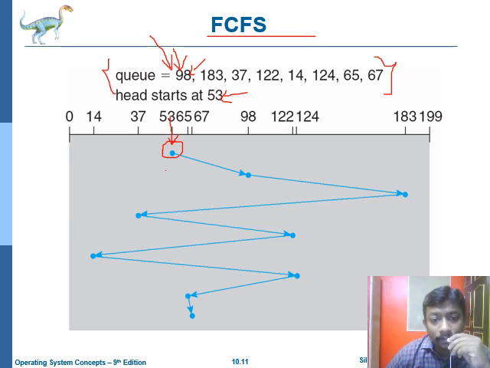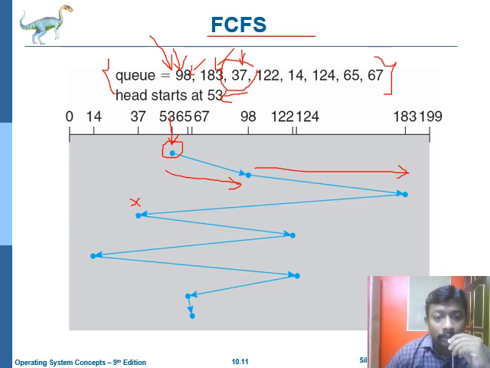From the 53rd, it first seeks the 98th sector, and the second request in the queue is the 183rd. So from 98 it will search the 183rd sector, and then from 183 it will search 37, the third input output request that has arrived.